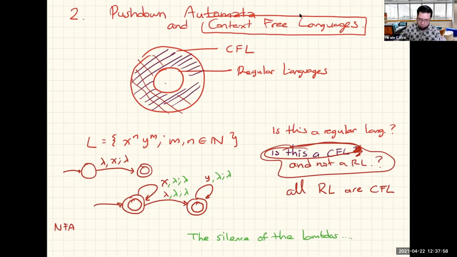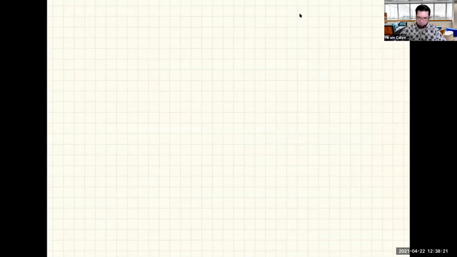So let me go a little bit deeper on this, because I want to explain determinism and non-determinism on context-free languages. So far regarding this, I think there are no questions, right? Everything is as clear as the water of the Nile River. Good.